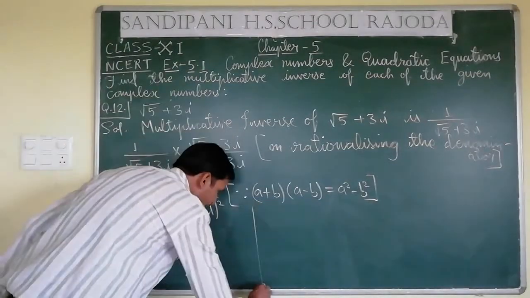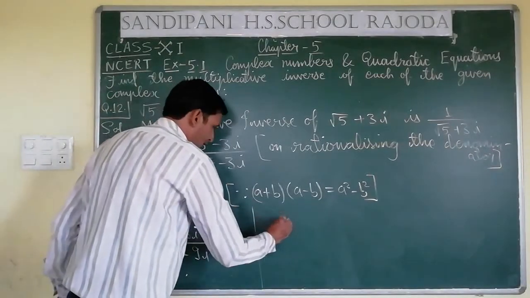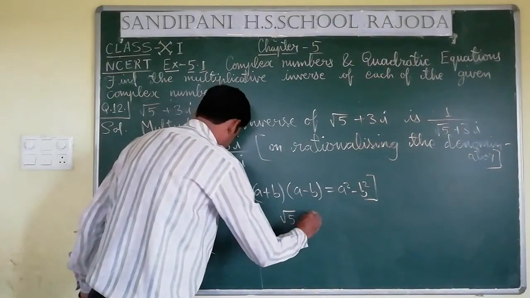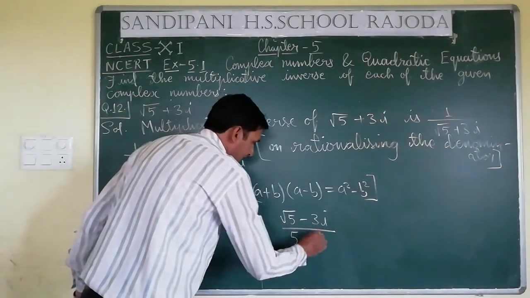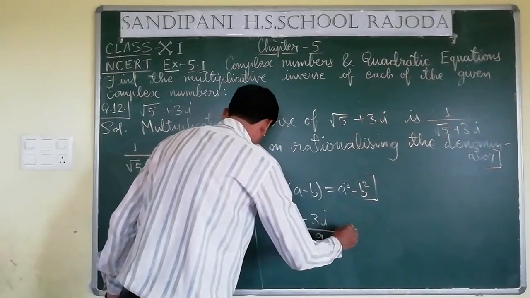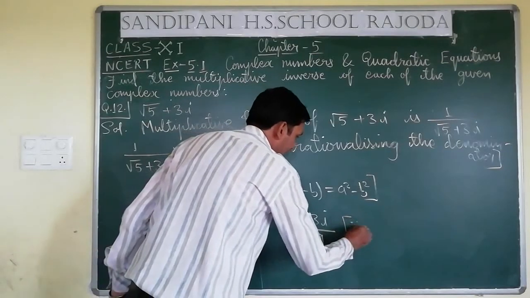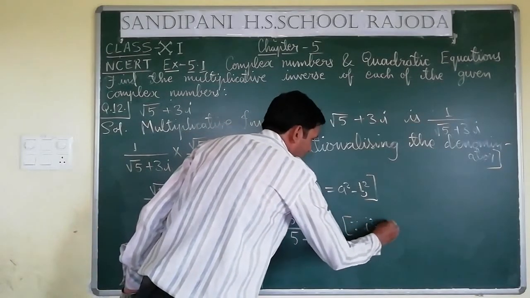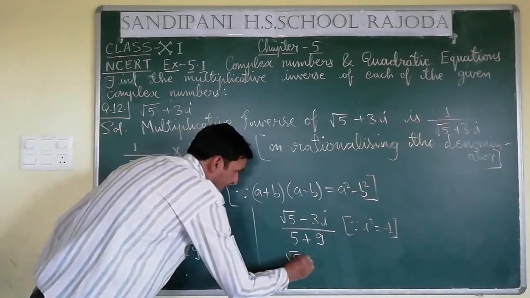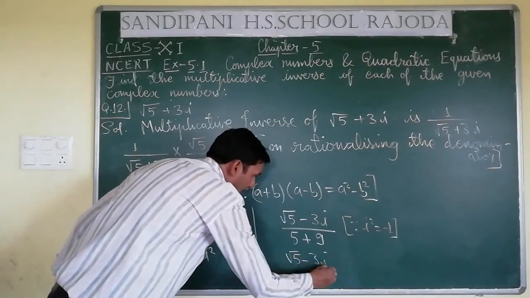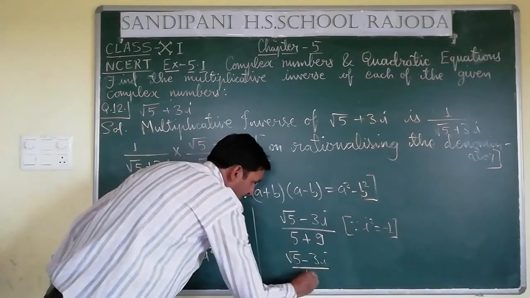So on further solution we will get root 5 minus 3i upon 5 plus 9, because i square is equal to minus 1. So now this will become root 5 minus 3i upon 14.